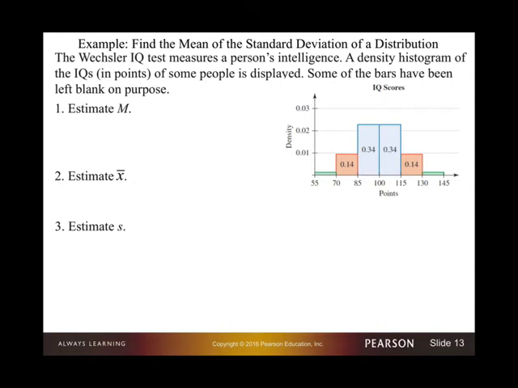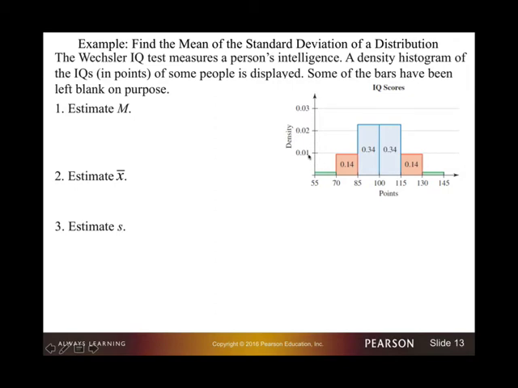Okay, example. Find the mean and the standard deviation of the distribution. So we have the picture with the IQ test here, the IQ score, and we have the density histogram of the IQ test displayed. First, number one, I want you to find the median. The M here stands for the median. Look at the histogram.